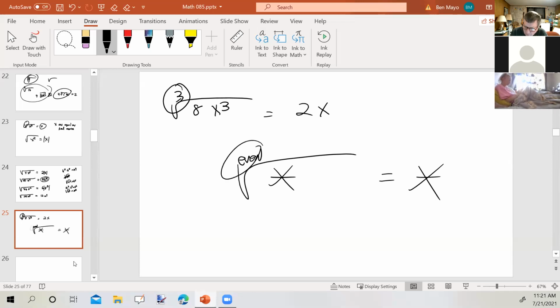When you're taking an even root, the radicand can't be negative, and the answer can't be negative. If it's an odd root, anything goes. Even root, no negatives inside, no negatives outside. I know you're getting tired of hearing me say that, but those two rules play a vital part in this chapter.